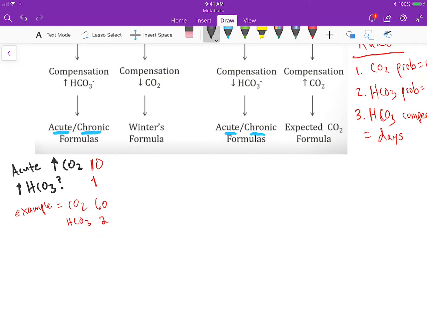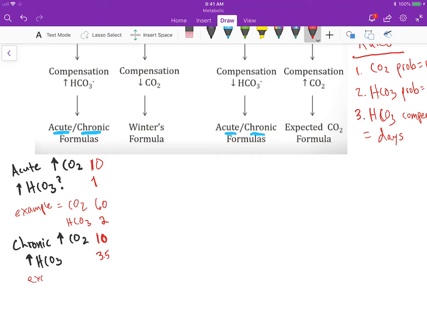Now, chronically, again, respiratory acidosis, you're going to have an increase in CO2, but your body has more time to correct the bicarb concentration, right? So we'd expect a greater increase of bicarb if this has occurred over a chronic period of time. So the change here is actually going to be, for every 10, we're going to get 3.5.